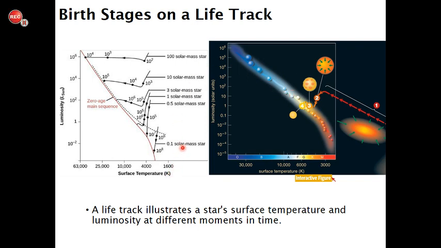And for different masses, you can see on the left the sort of entry onto the main sequence for different masses. That final collapse of the protostar that kicks off fusion in the core will be these different curves. You can see it for a very small star.